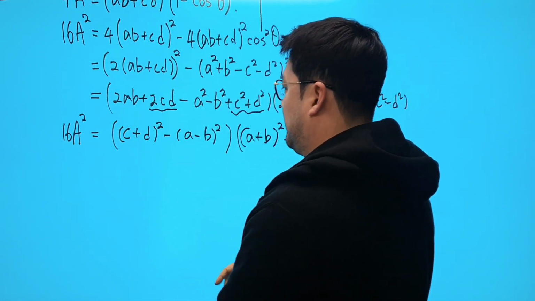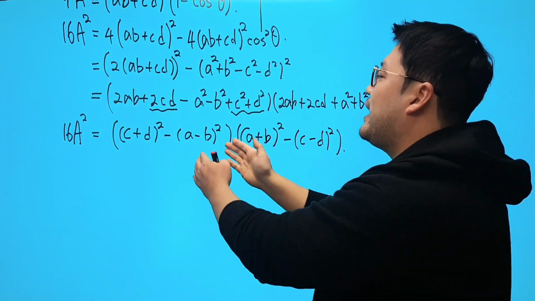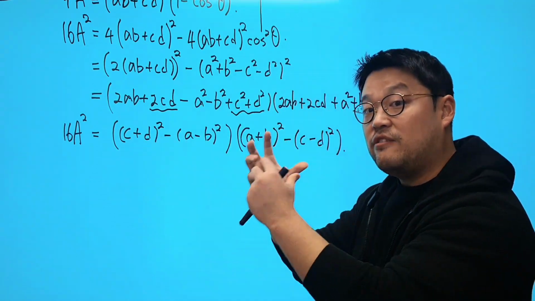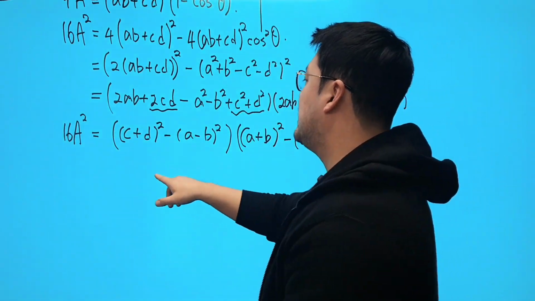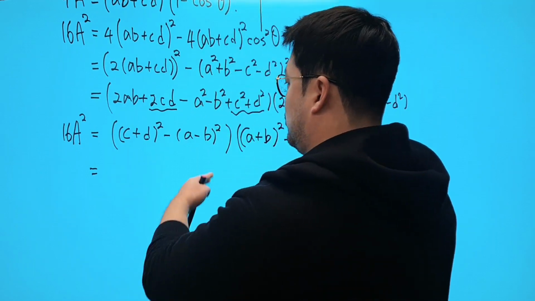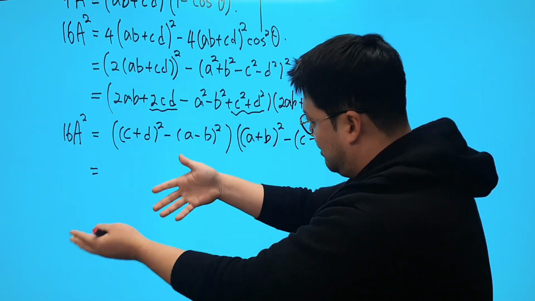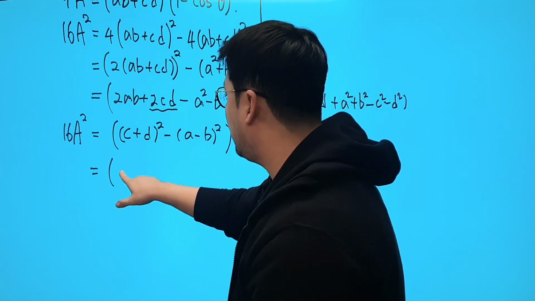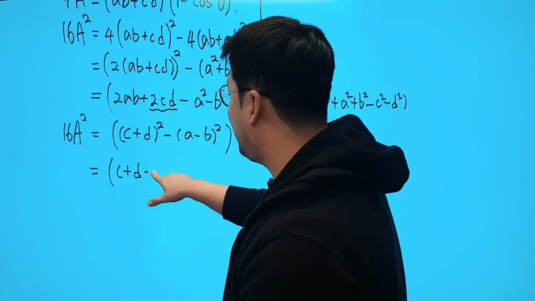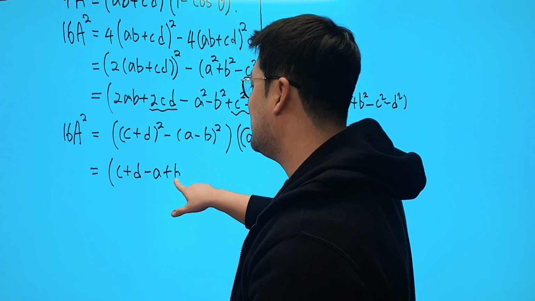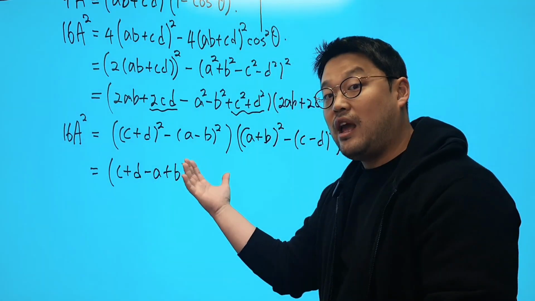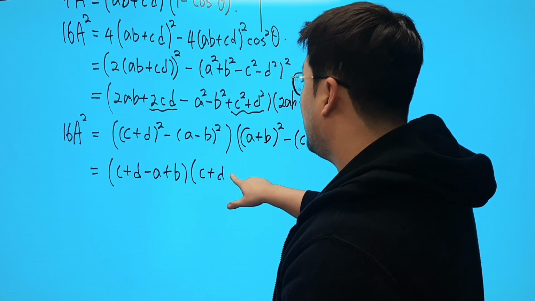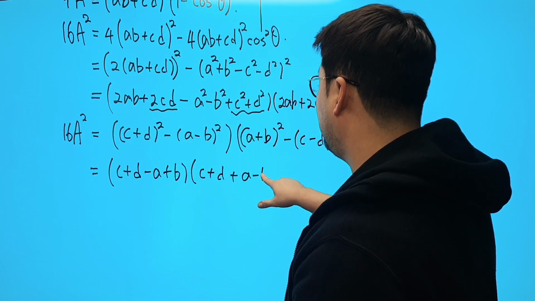But hey, that's fine. So let's just try to rearrange this by, again, switching all of these differences of squares into the difference times the summation. And we have c plus d minus a plus b. Ooh, so that kind of resembles Heron's formula. And we can write it as c plus d plus a minus b.